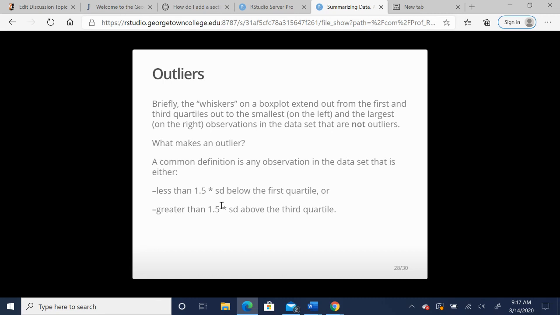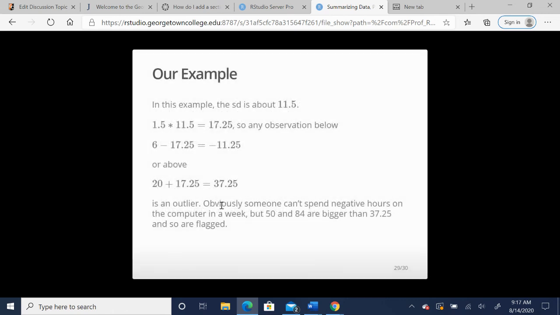There have been many data sets that I looked at and I thought, this value looks odd. It could be an outlier, but it definitely doesn't mean for sure that it is until we've performed this calculation. So here's our example. We said the standard deviation was about 11.5. I'm sorry, this says standard deviation, it should say interquartile range.